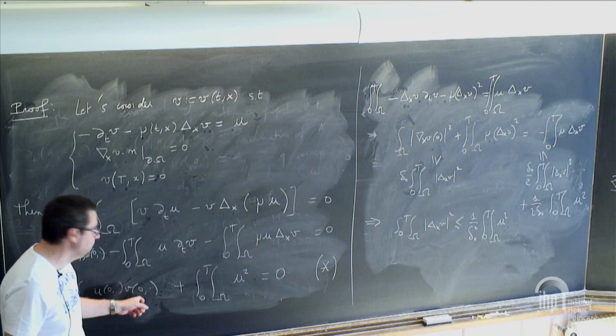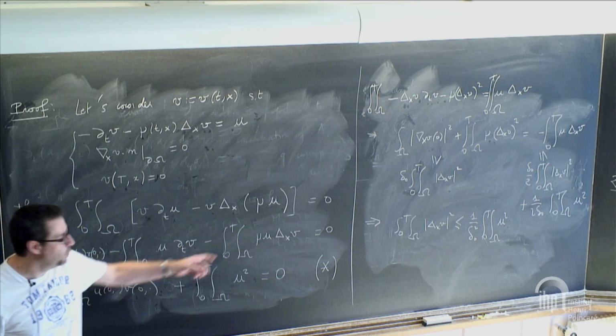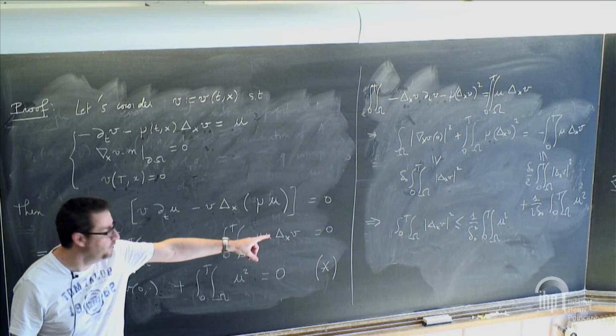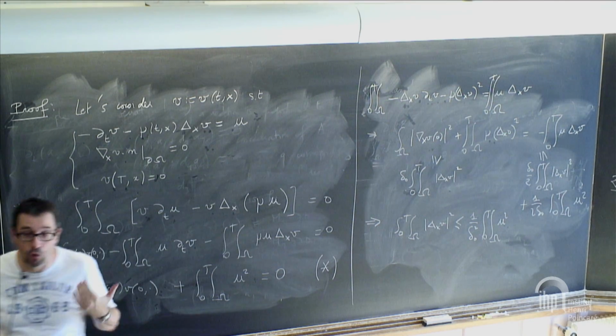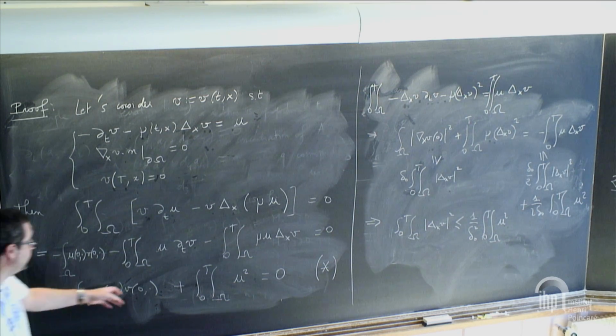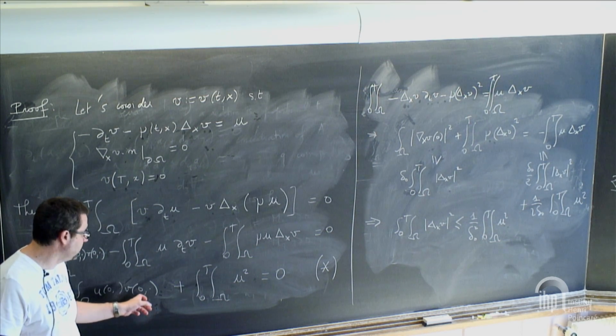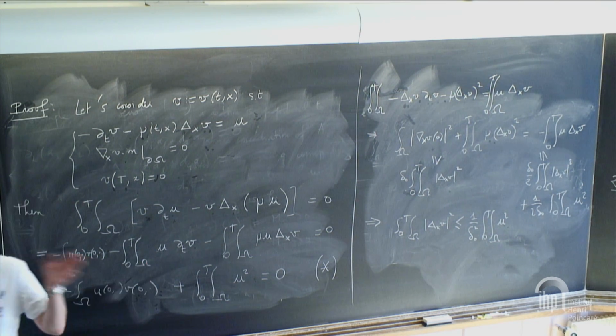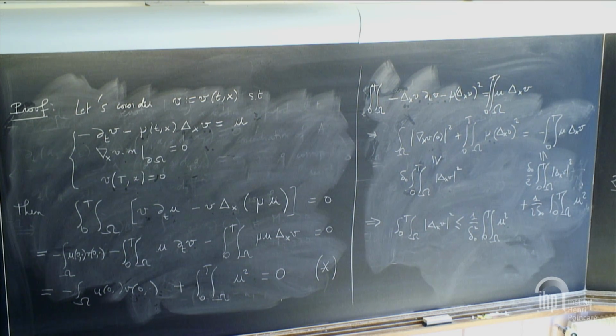How can I relate V at time 0 with the Laplacian of V for all times, integrated like this in time? Well, the best way to do it is just to say that V at time 0 is just the integral between 0 and t of the derivative of V, up to the sign, okay?